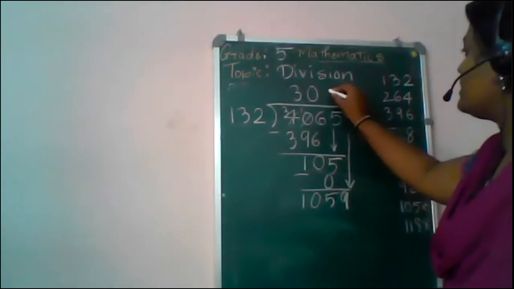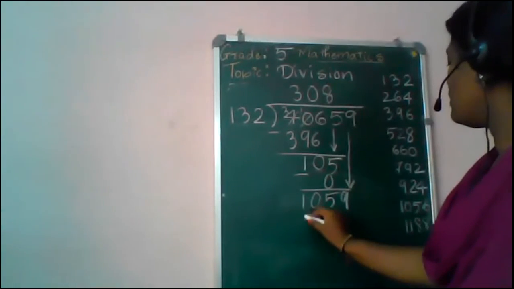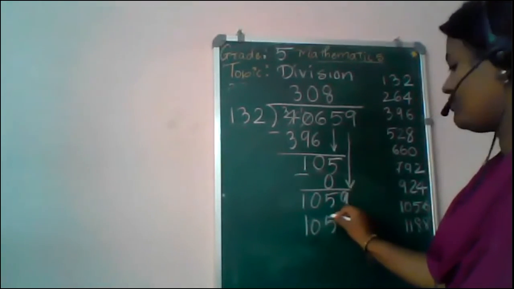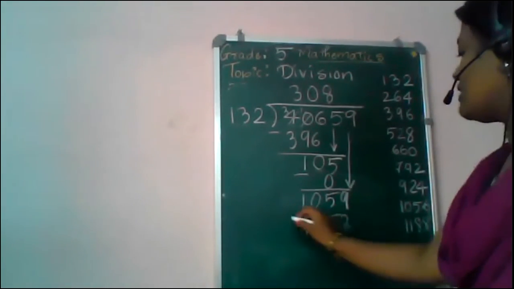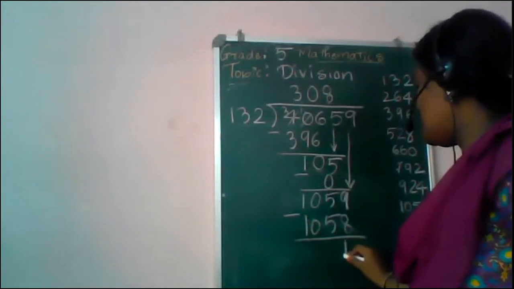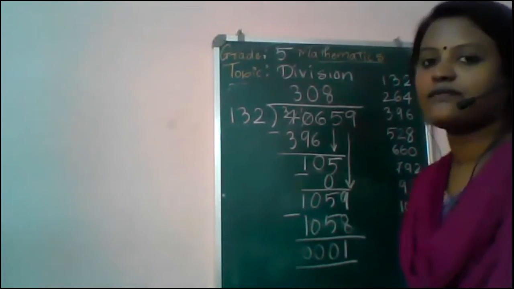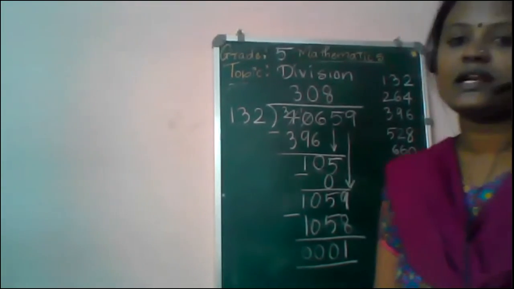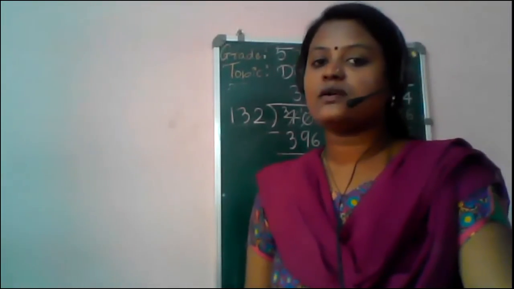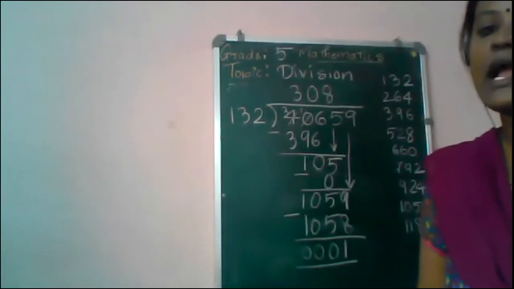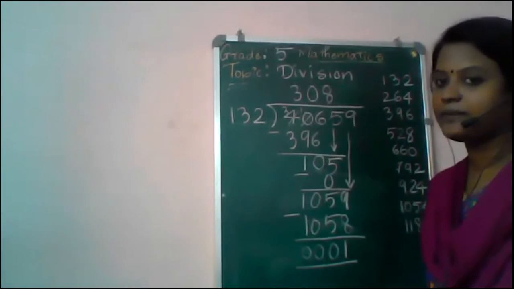So 132 eights are 1058. And we subtract, we have the remainder as 1. So in this way, we have got the quotient as 308, divisor 132, and the remainder as 1.